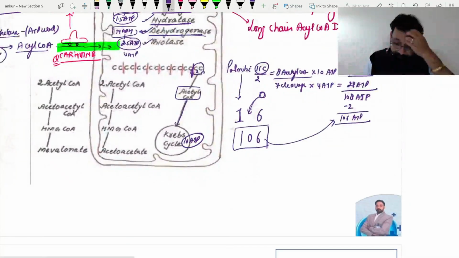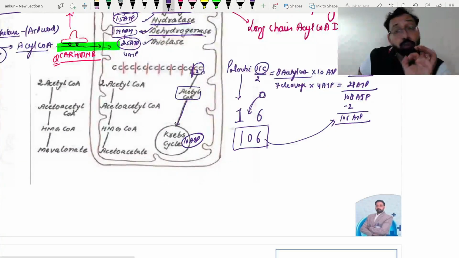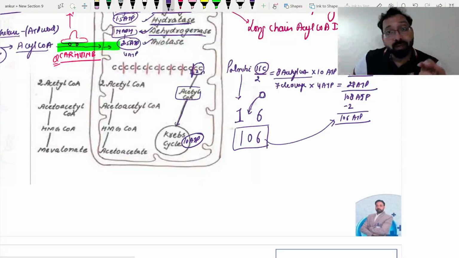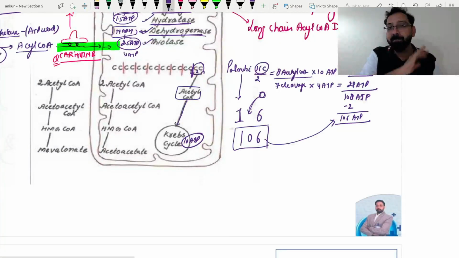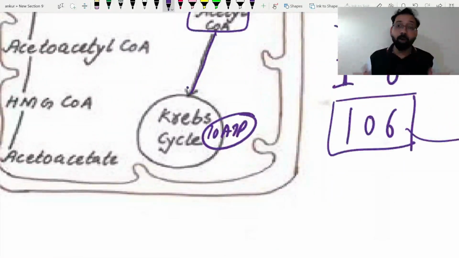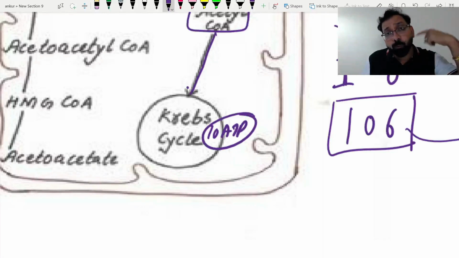So the first function of beta oxidation is to produce energy by complete oxidation. Suppose a person goes into starvation, there is no glucose to produce energy. The liver cell takes one palmitic acid, cuts, 7 cleavages, 8 acetyl coenzyme, Krebs cycle, and the energy requirement of the liver cell is fulfilled. Now the liver cell will think of the brain.